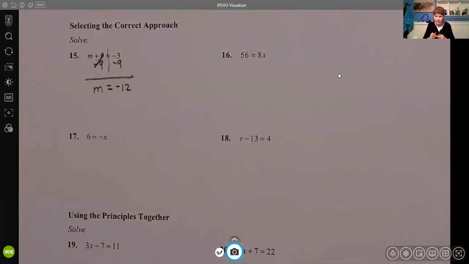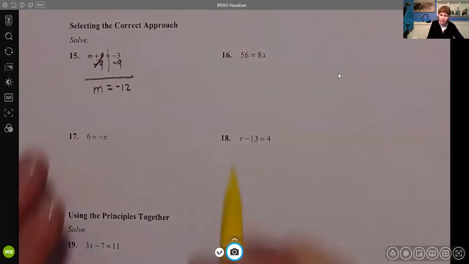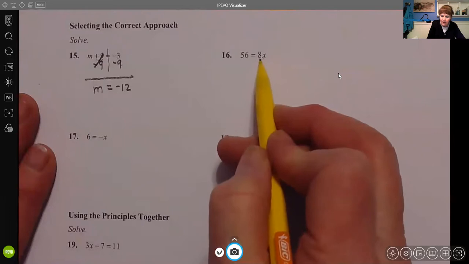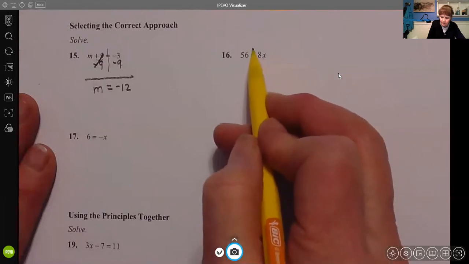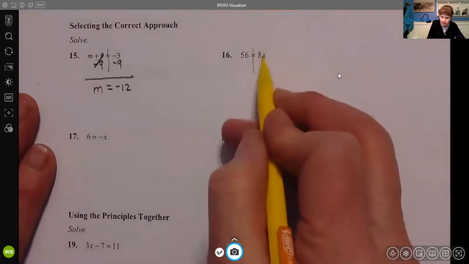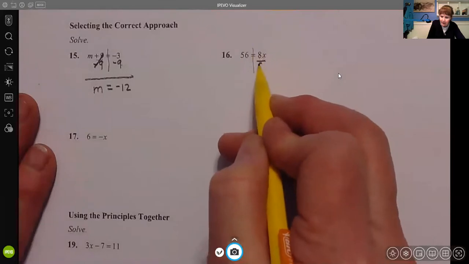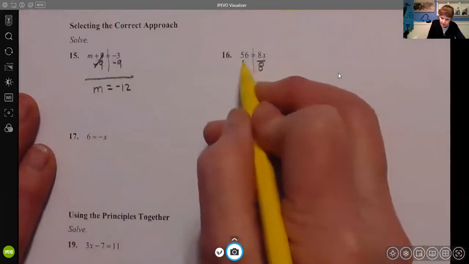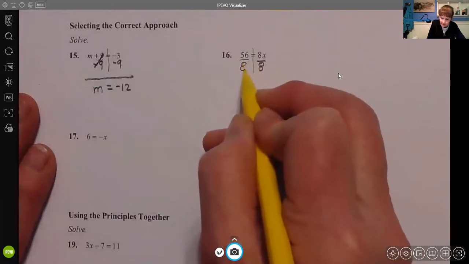Let's look at 16. On 16, over here, it's 8 times x. And I know it's on the right-hand side, but that doesn't really matter. It's solved the same. So to get rid of that, I divide by 8. Not a negative 8, 8. I want the signs to match in this process.